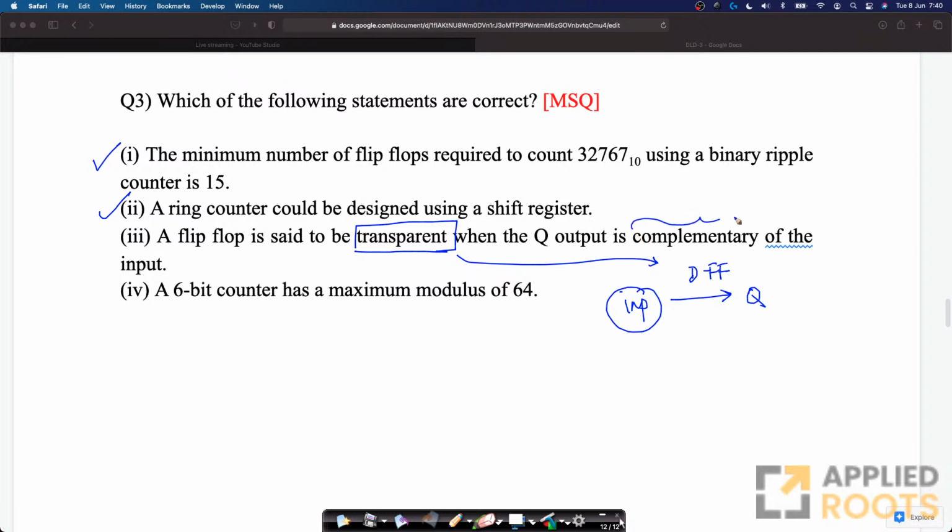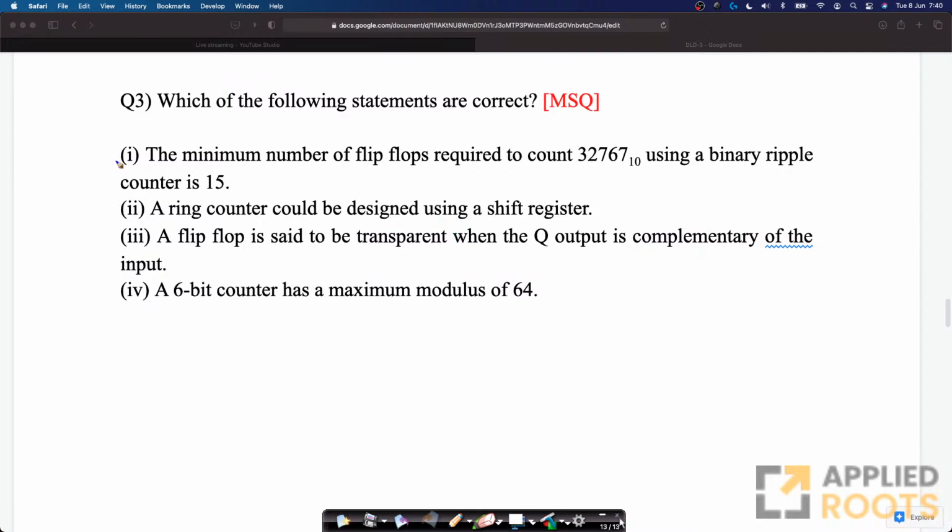The toggle flip-flop does the complement. It's transparent because whatever you send as the input, you get as the output, so this whole system looks like a transparent glass box where whatever is going in is coming out. So 1 and 2 are correct, 3 is not, because it's said to be non-transparent. For a flip-flop to be transparent, the Q has to be the same as the input.